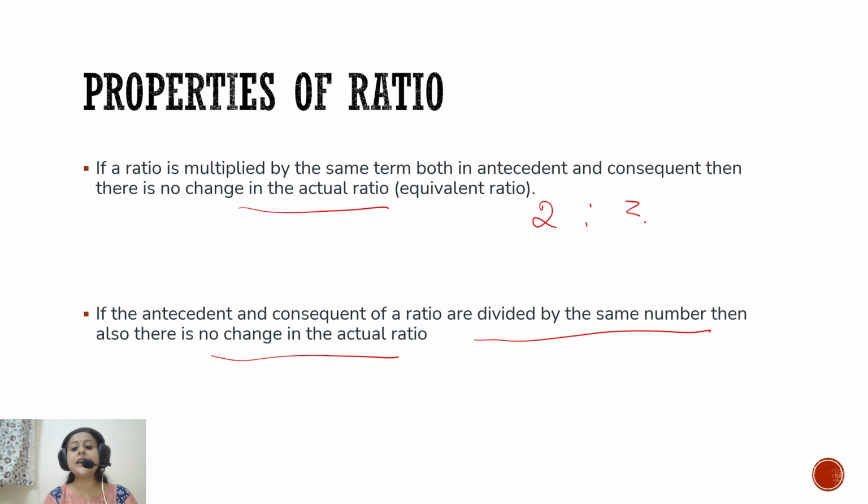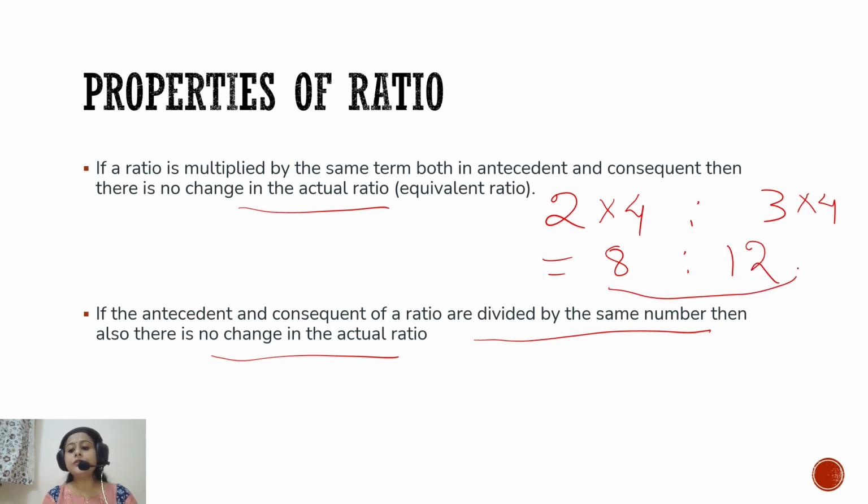Suppose 2 is to 3 is my initial ratio, and I will multiply both the terms by 4. So 2 into 4 is 8, and 3 into 4 is 12. So now my ratio is 8 is to 12, which is equivalent to 2 is to 3, because if you divide this ratio by its greatest common divisor, which is 4, you will be brought back to 2 is to 3, right?